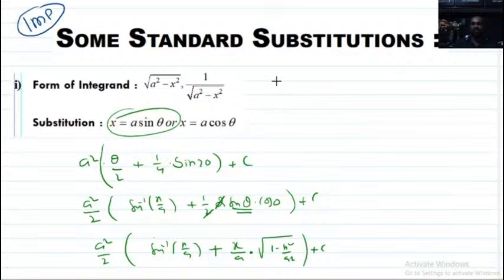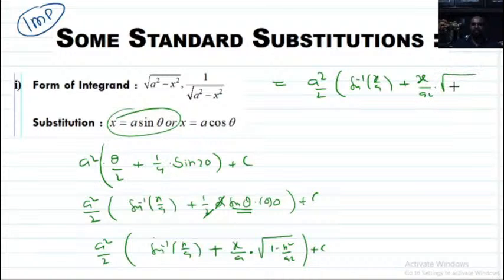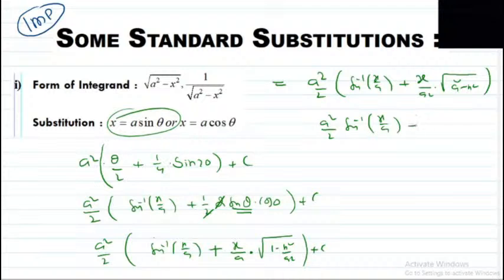So finally this is equal to a square by 2 into sin inverse of x by a plus x by a square into root over a square minus x square. In other words, a square by 2 into sin inverse of x by a plus, here a square gets cancelled, x by 2 into root over a square minus x square plus c.